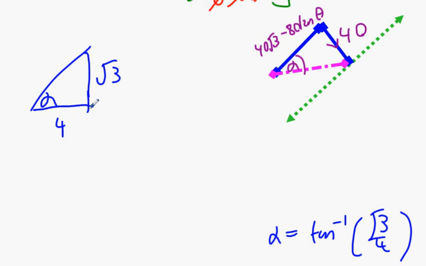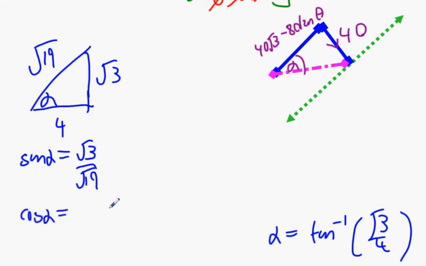Square both of them. It's going to be 16 plus 3, which is the square root of 19. This means that sine alpha is root 3 over root 19, and cos alpha is 4 over root 19.